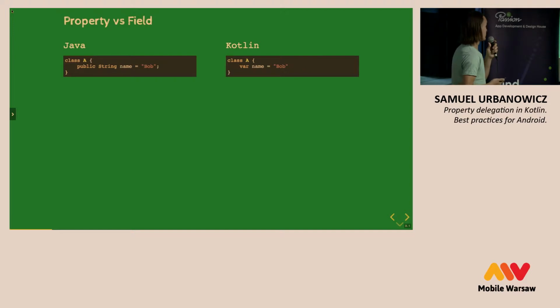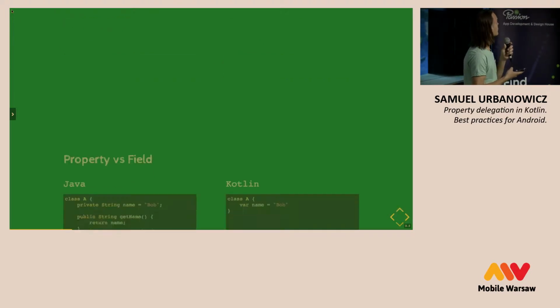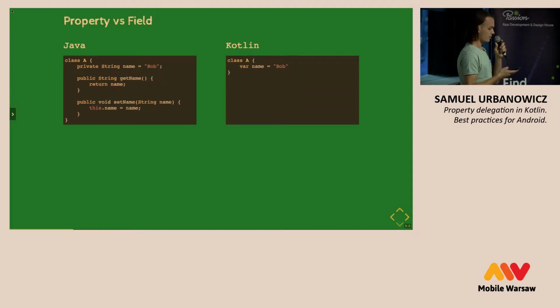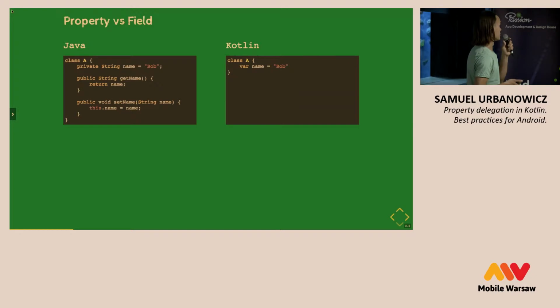So what's the actual difference apart from the name? The thing is that the property in Kotlin, when it's compiled to the JVM bytecode, consists of the class field together with accessor functions, with the getter and setter.